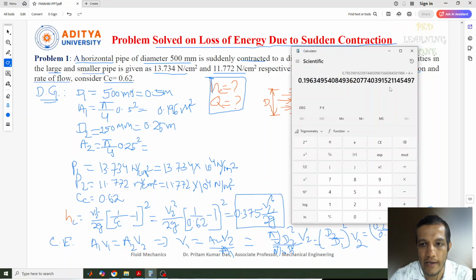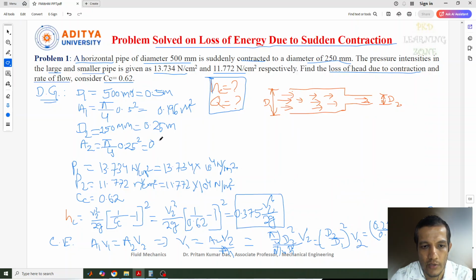Similarly, pi into 0.25 into 0.25 divided by 4 is 0.0490, so we can write 0.0490 meters square. So two things we have calculated. Now, after applying this continuity equation, we got this value.